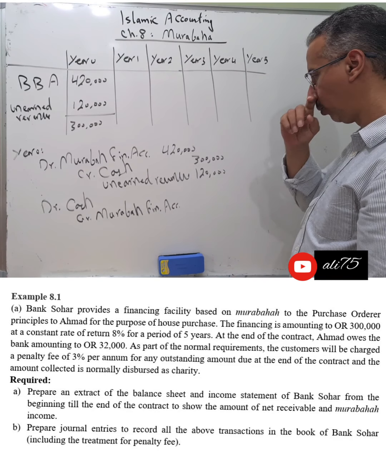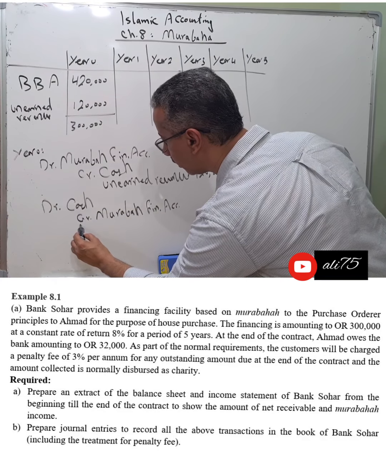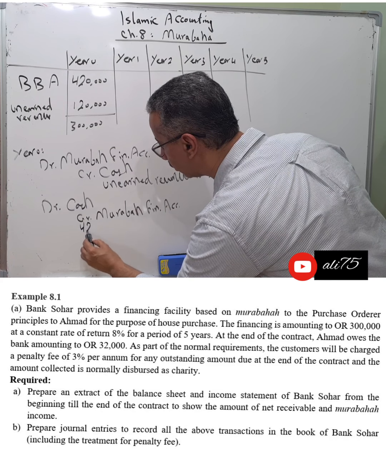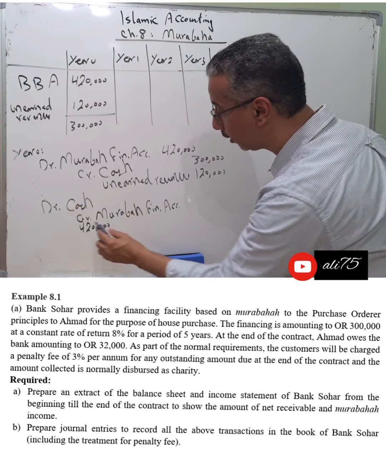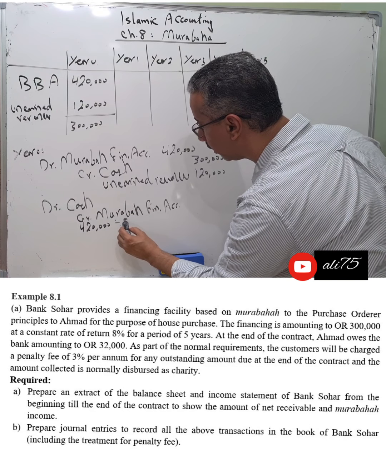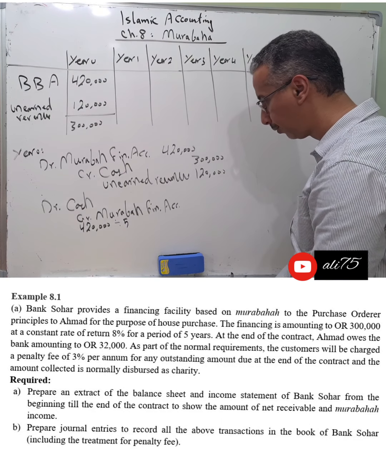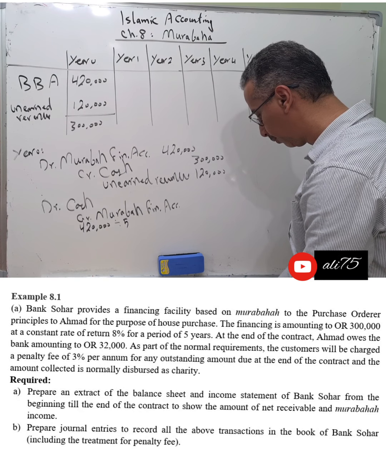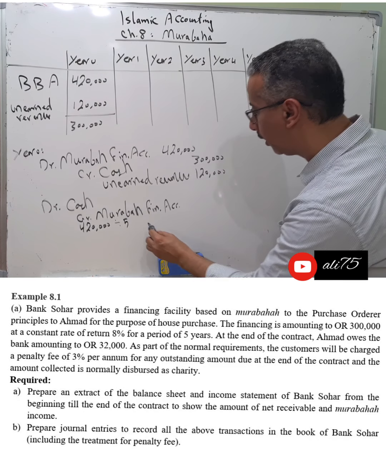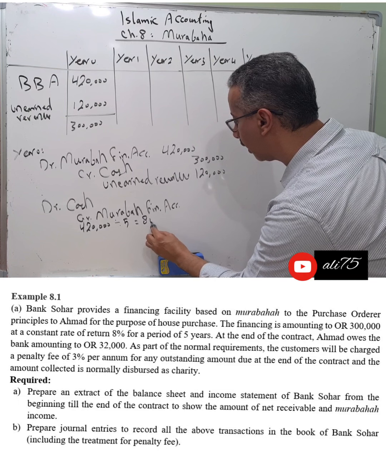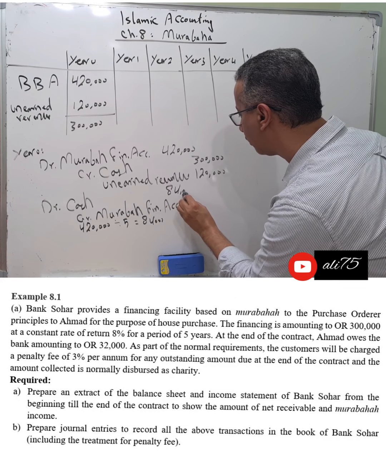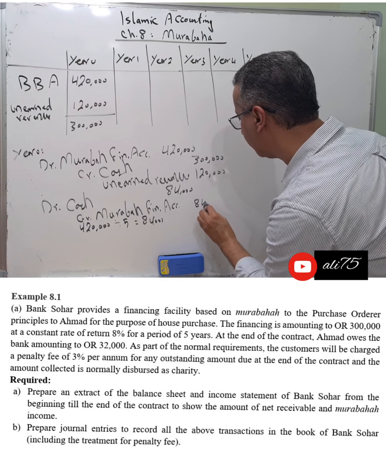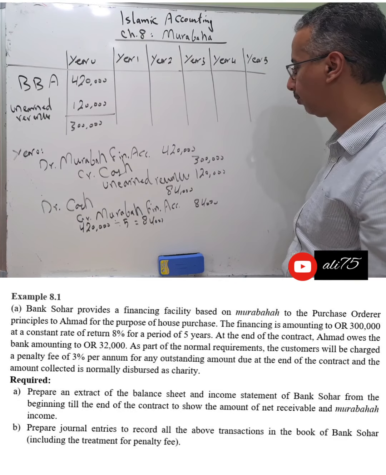How much does he have to pay? This amount, 420,000, should be paid through the 5 years, so we have to divide it by 5 years. 84,000 should be paid.